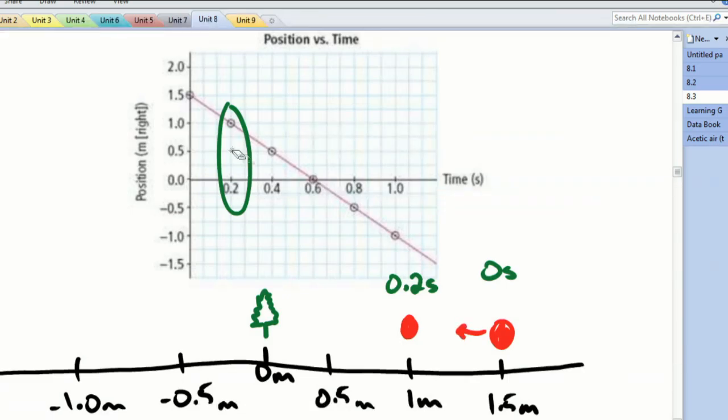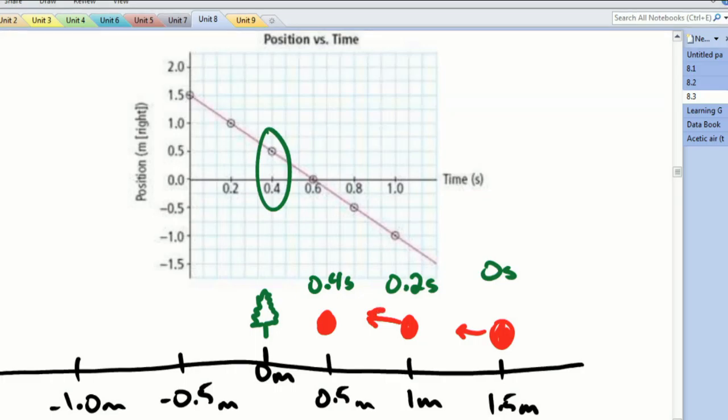All right, let's look at the next one. The next point says at 0.4 seconds, my object is 0.5 meters to the right. So here's my red ball. This is at 0.4 seconds. So again, the ball just is kind of rolling to the right.